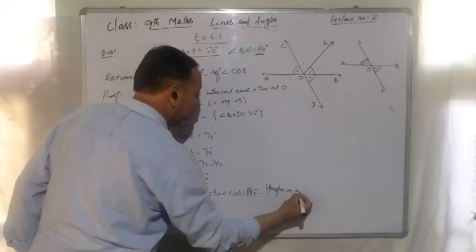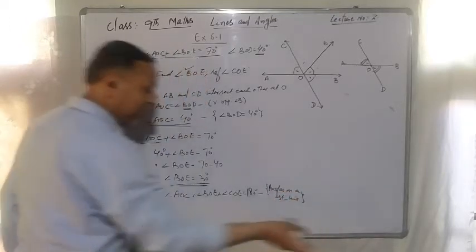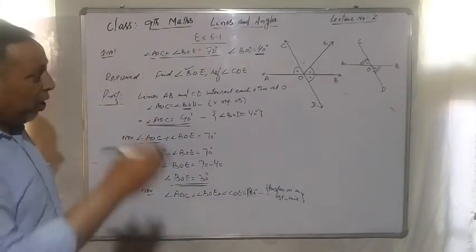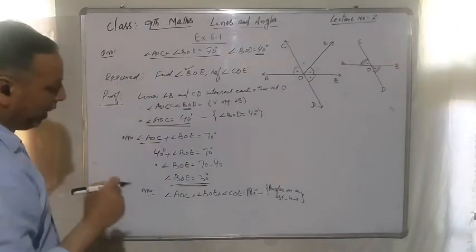You know that a straight line itself is a 180 degree angle, and all angles on a straight line, their sum is always equal to 180 degrees.